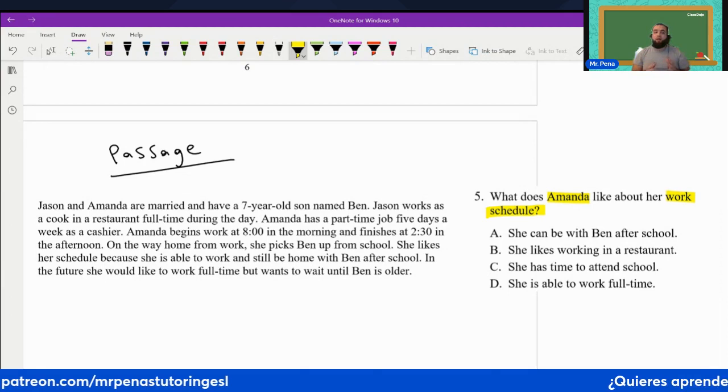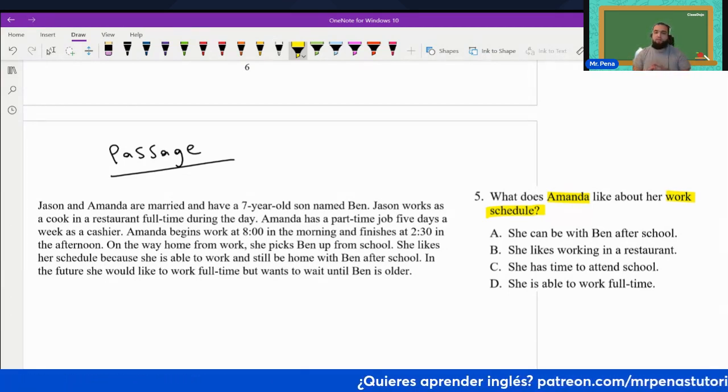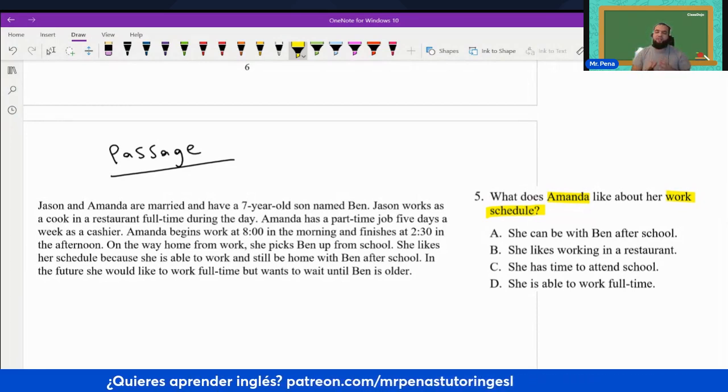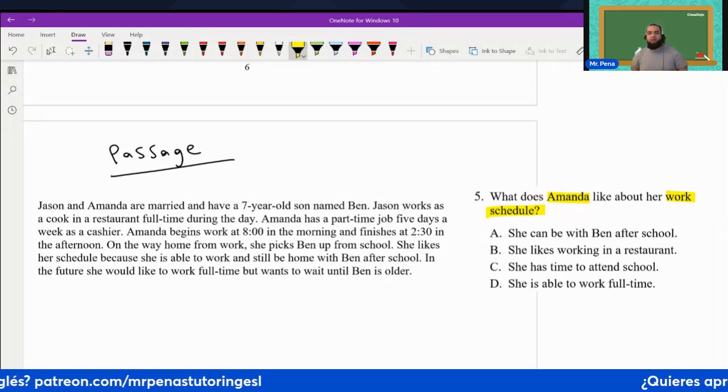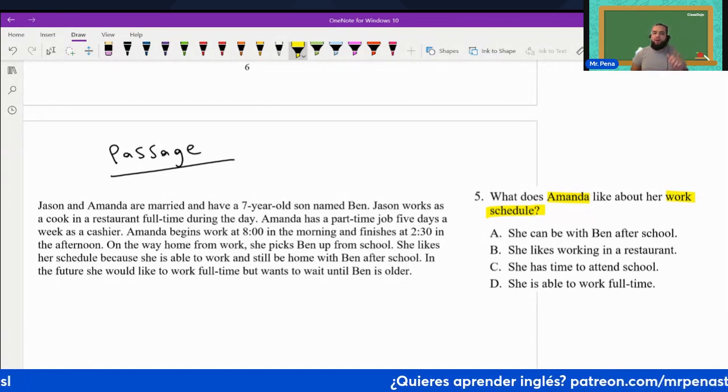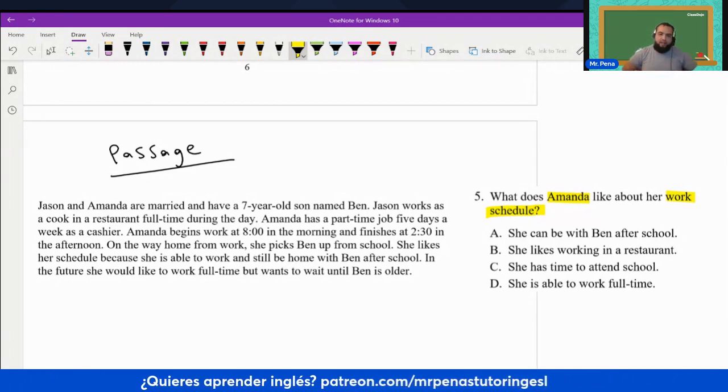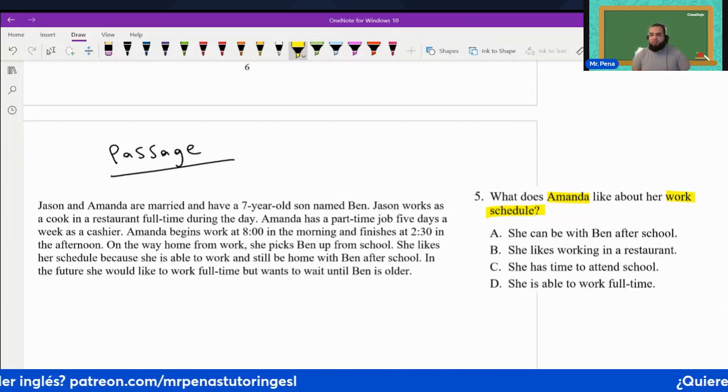Jason and Amanda are married and have a 7-year-old son named Ben. Jason works as a cook in a restaurant full-time during the day. Amanda has a part-time job 5 days a week as a cashier. Amanda begins work at 8 in the morning and finishes at 2:30 in the afternoon.